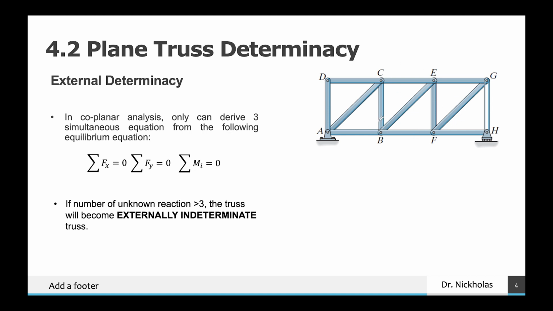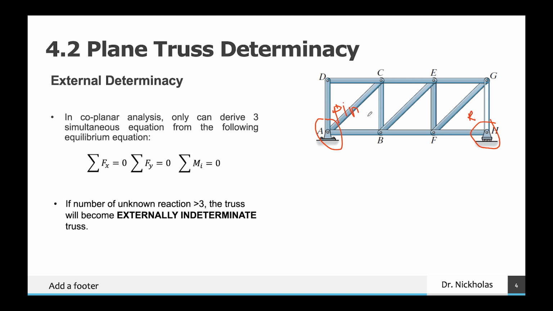For this truss, we have two supports, at A and at H. At A we have a pin support, and here we have a roller support.